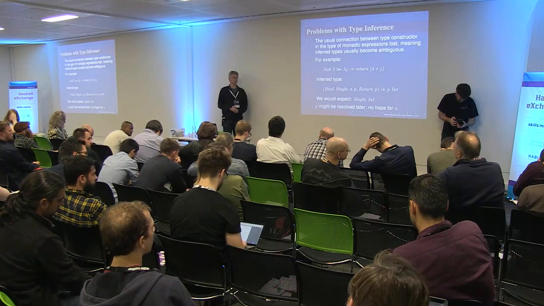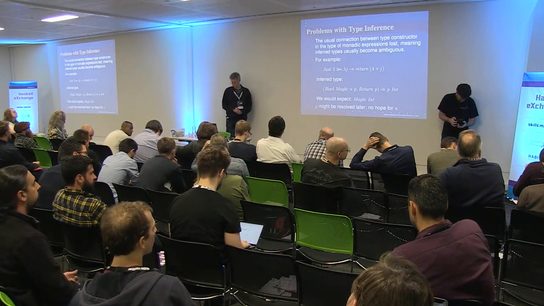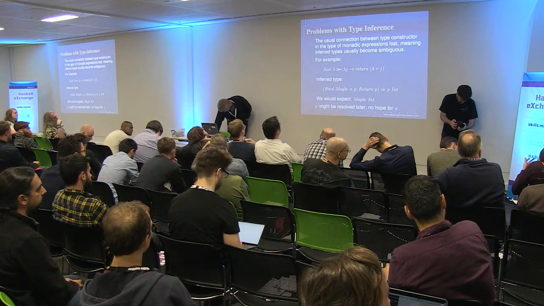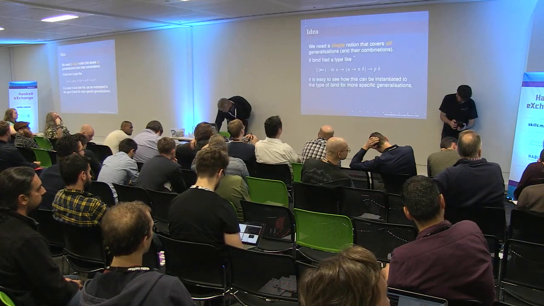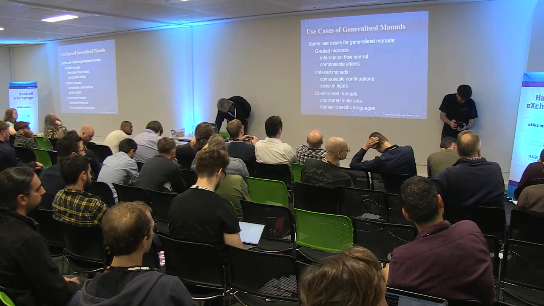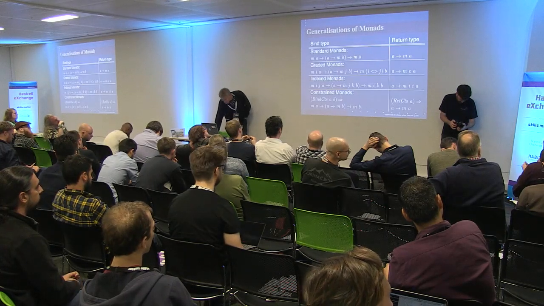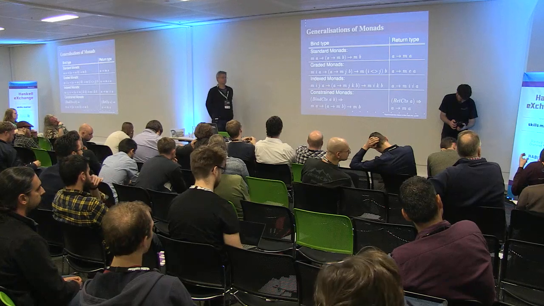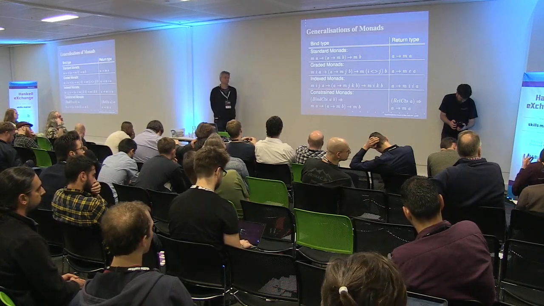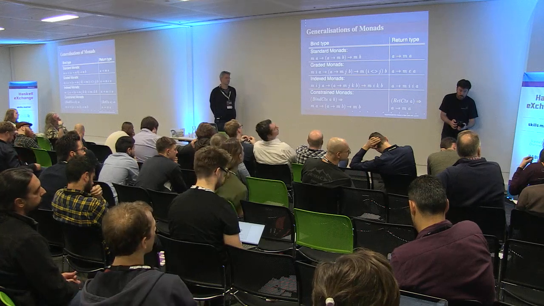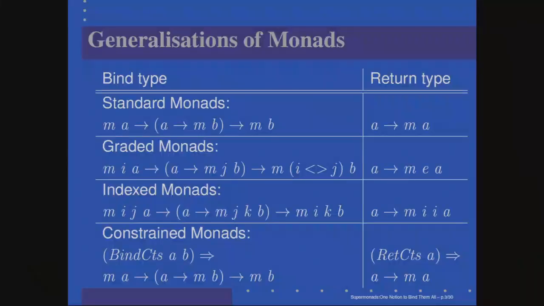So, for example, if you have indexed monads, where you have these two indices, this can basically be done by having the category of natural numbers with morphisms just being pairs, where a morphism from i to j is just a pair ij, and then you can compose them simply if they match up.